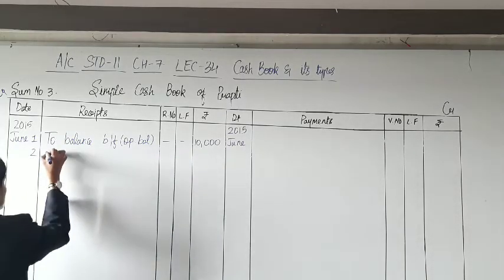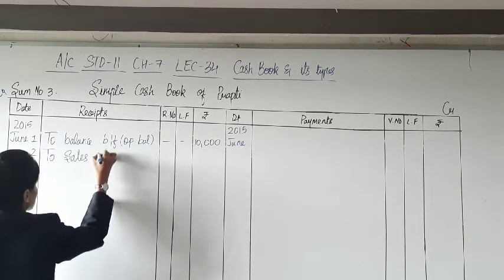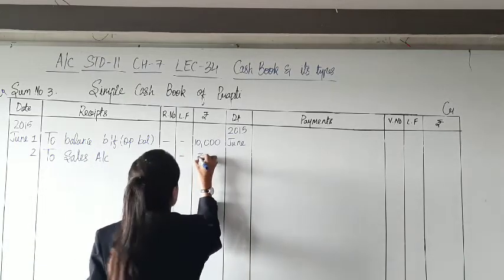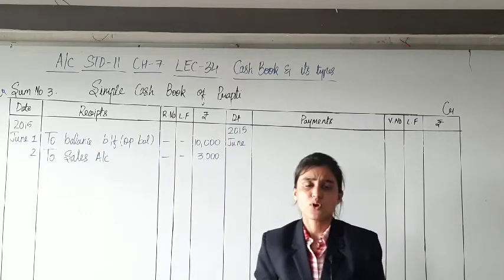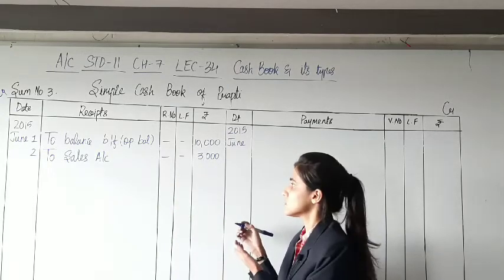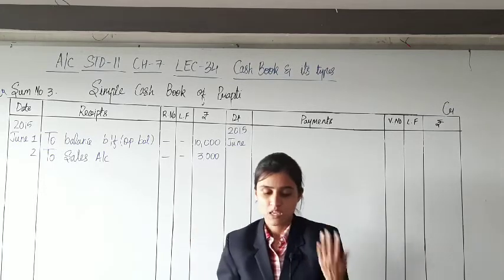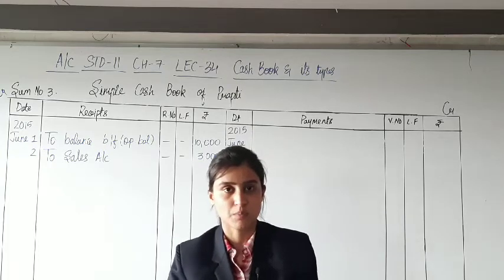So on 2nd of June, to sales account 3,000. If you are selling goods, then cash is received, so you write it on the receipt side. You are just supposed to use your common sense. There is nothing else in this sum.